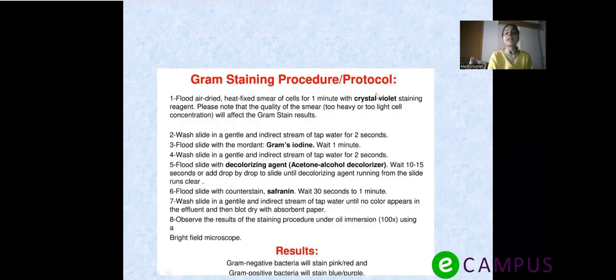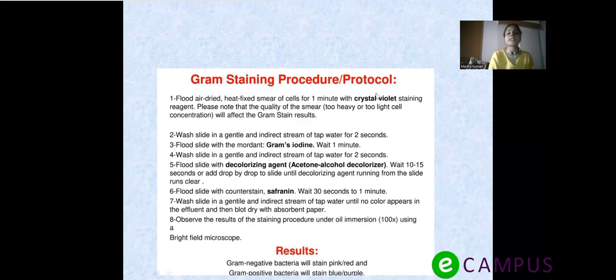Wash again in a gentle, indirect stream of tap water for 2 seconds. Then apply the decolorizing agent, acetone alcohol, for 10 to 15 seconds, or add it drop by drop until the decolorizer running from the slide runs clear.